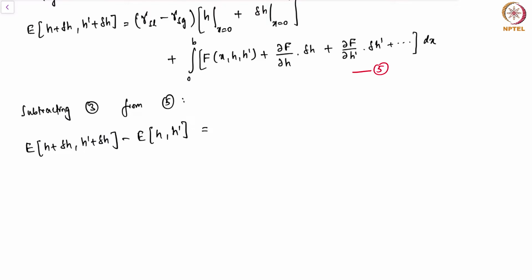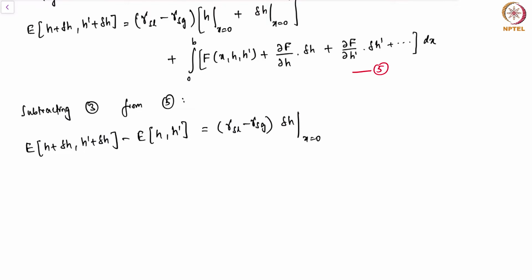This quantity essentially will be equal to gamma SL minus gamma SG times delta h at x equal to 0. That is the only thing that will survive, since the first term will cancel out on the right hand side in equation 5.